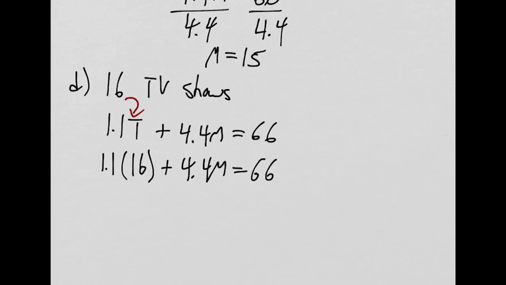So 1.1 times 16 is 17.6 plus 4.4m equals 66. And I'm going to bring the 17.6 over to the other side.